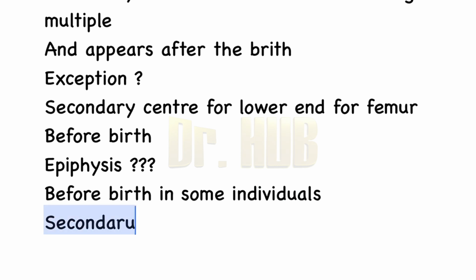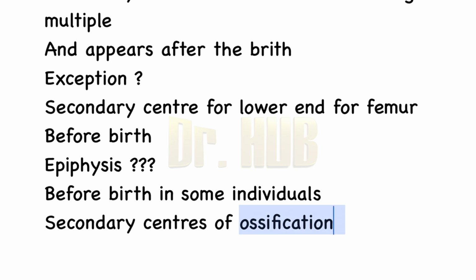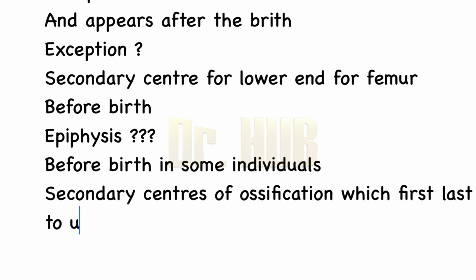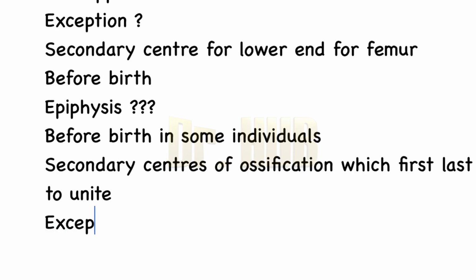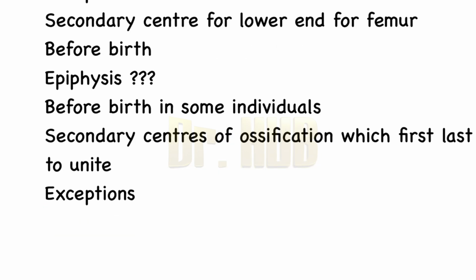Next are the secondary centers of ossification which appear first and are last to unite. What are the exceptions here? The exceptions include the lower end of the fibula.